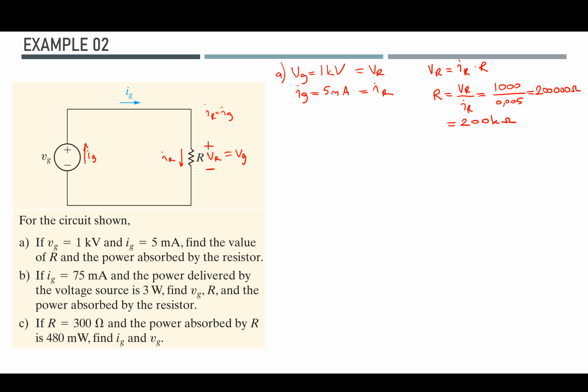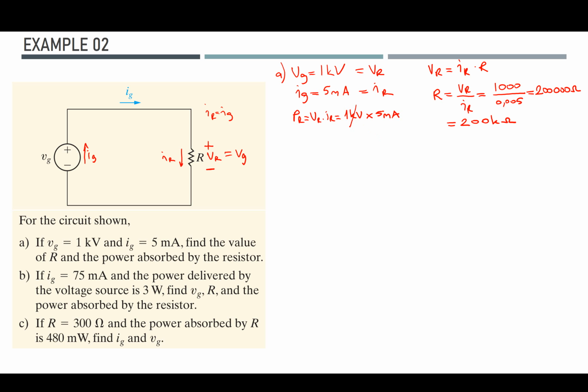The question also asks us about the power absorbed by the resistor. Since I know the voltage and the current through the resistor, I can easily calculate it. PR equals VR times IR, so it's going to be 1 kilovolts times 5 milliamps.